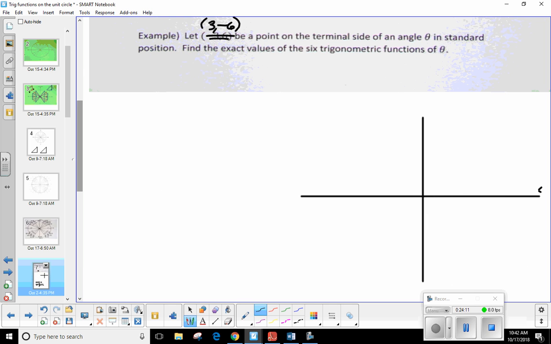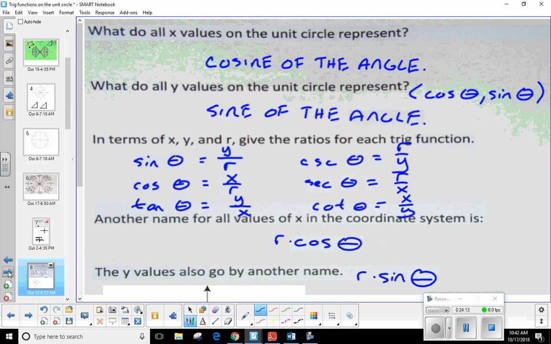So let's see what else we got. I want to take a minute to talk about this. You don't have this in your notes, but I just want you to get the idea. We took the unit circle and placed it on top of the coordinate plane, right? We're moving horizontally for x and vertically for y. We like our coordinates to look like x comma y.